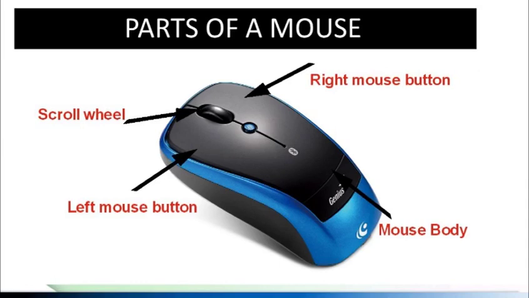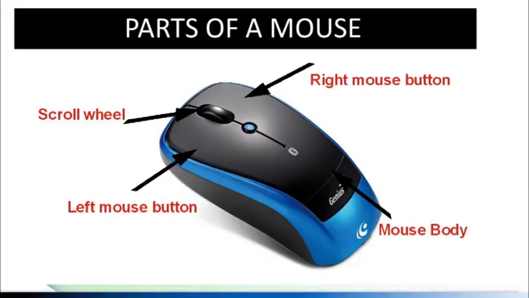Again, we learned that the button at the right side of the scroll wheel is also called the right mouse button, which in other words, we also call the secondary button.